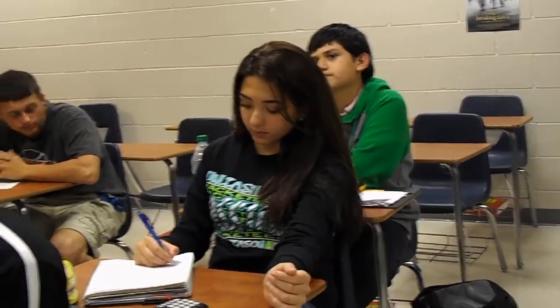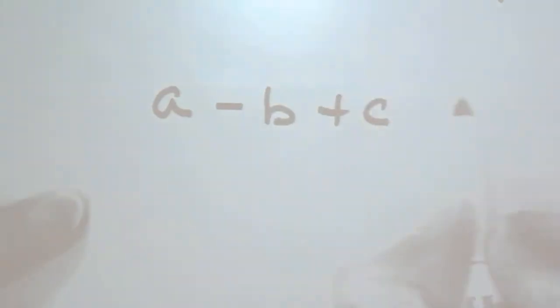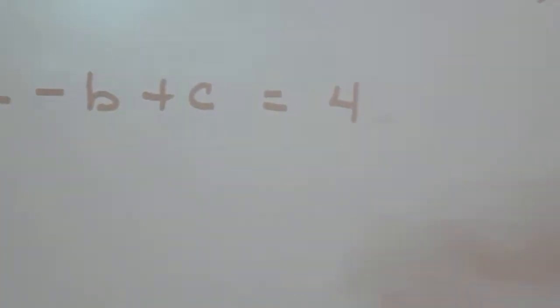It does. Very good. So I'm going to have positive A. B times the negative 1, however, is what? Negative B. Plus our C, all equals 4. Okay, so there's our equation 1.